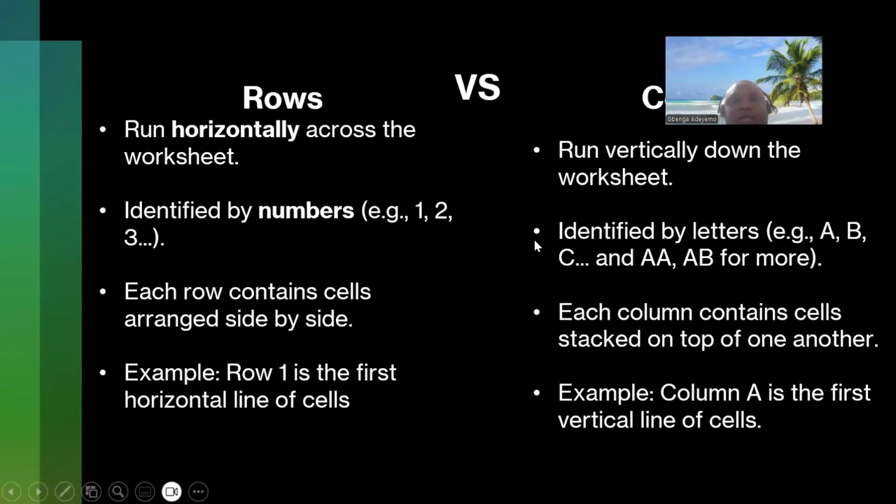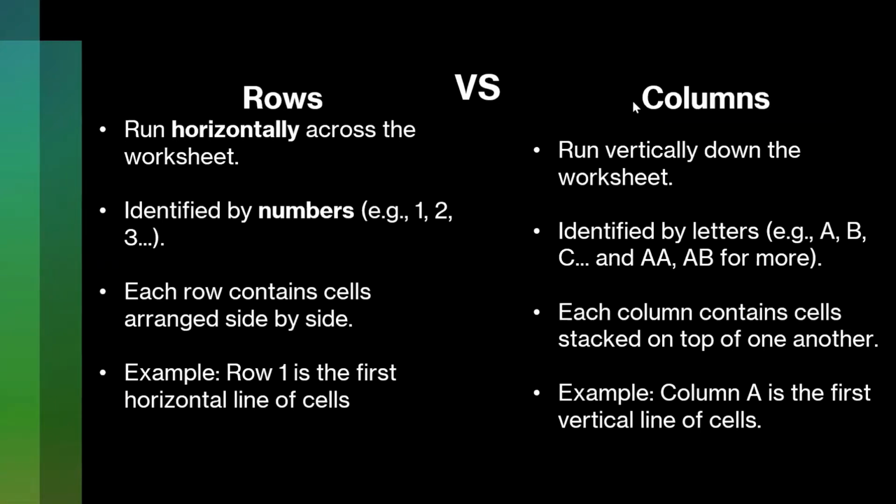Okay, let's go ahead. Also, let's look at the difference between row and column. As I said earlier, your rows run horizontally across the worksheet, right? Horizontally means left to right or right to left. Your columns, on the other hand, run vertically, from up to down or down to up, right?